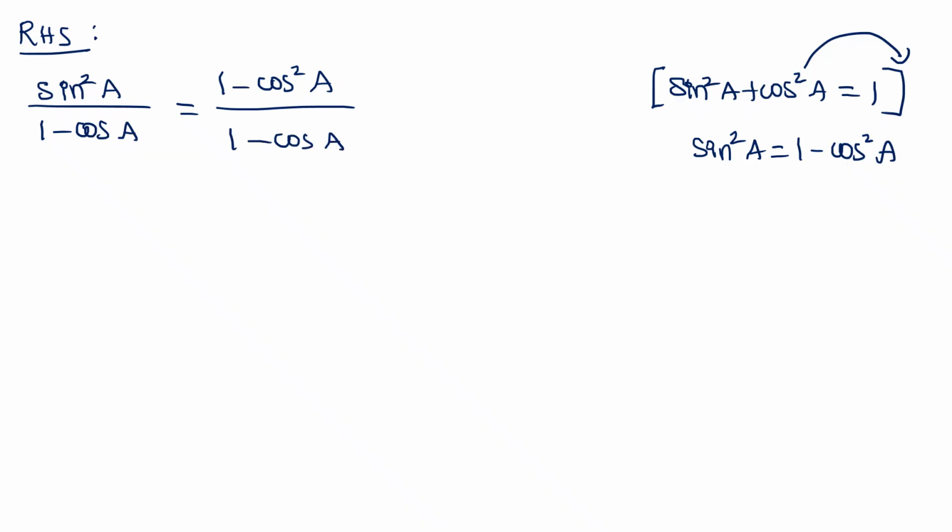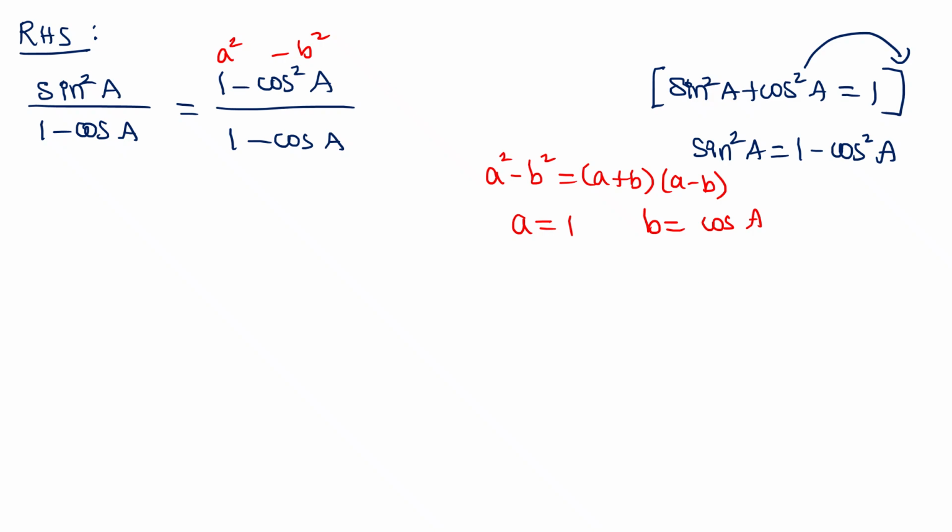Here it forms A square minus B square. A square minus B square is A plus B into A minus B, where A is 1 and B is cos A. Therefore 1 minus cos square A results in 1 plus cos A and 1 minus cos A. I replace this complete value over there.